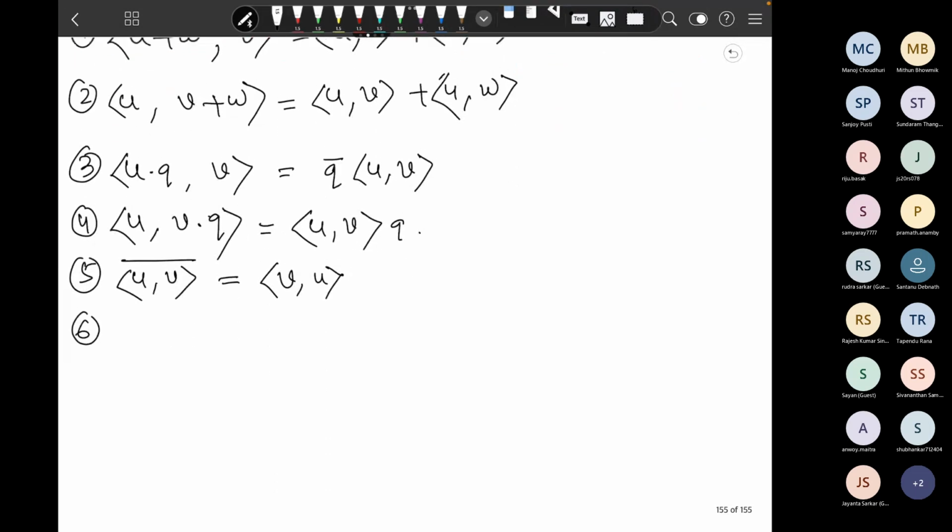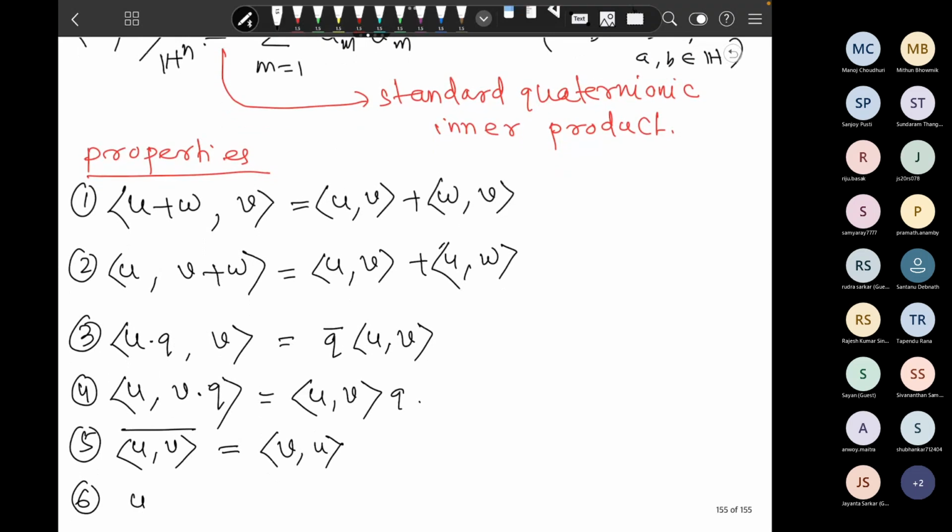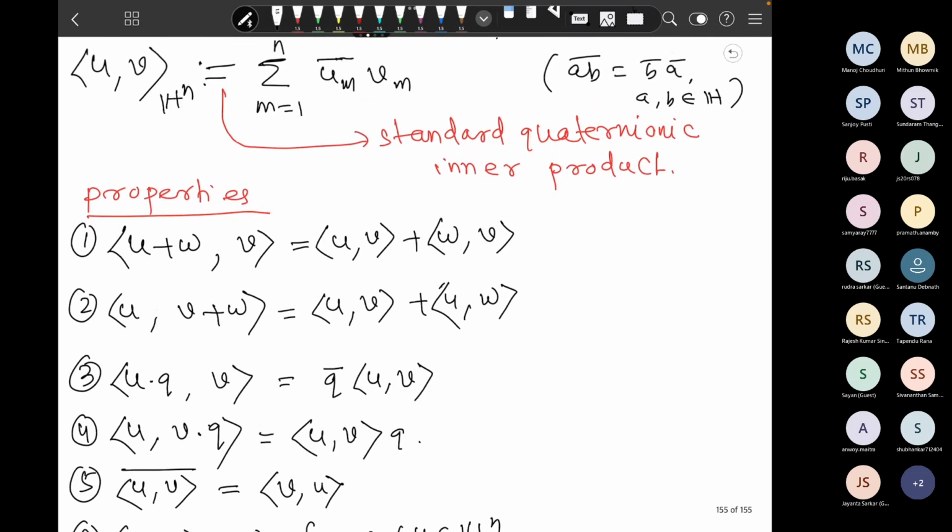The sixth property gives that the inner product of u with u is greater than 0 for 0 not equal to u belonging to H^n. This is the positive definiteness. Let us keep this for a moment so that you can see it.